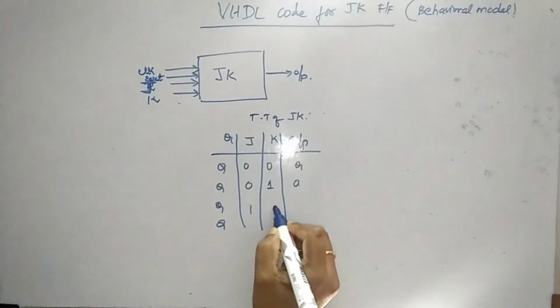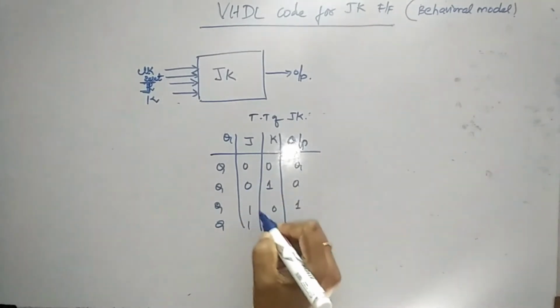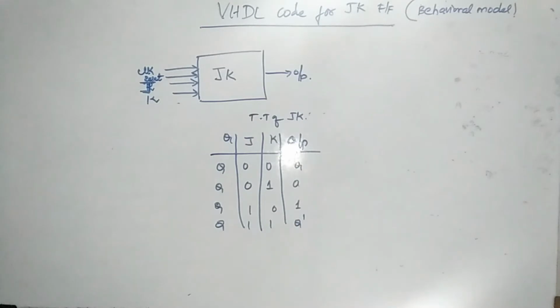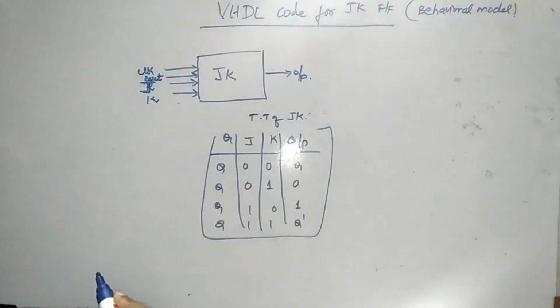When J is 1 and K is 0, we get 1. And for the last case, when J is 1 and K is 1, we get the complement of the present state.